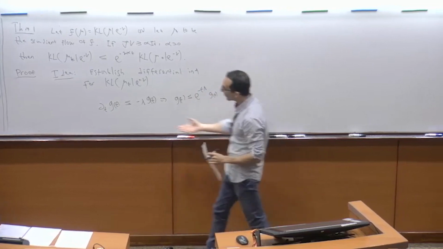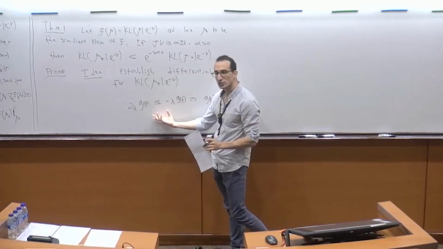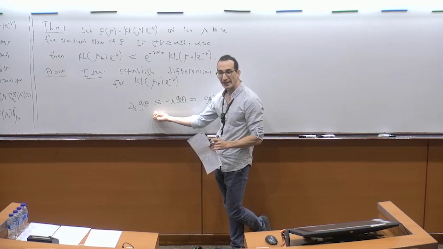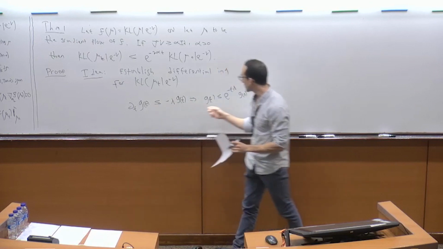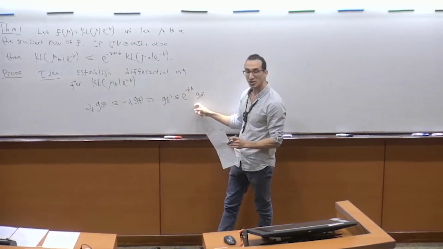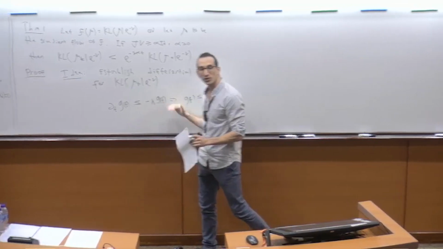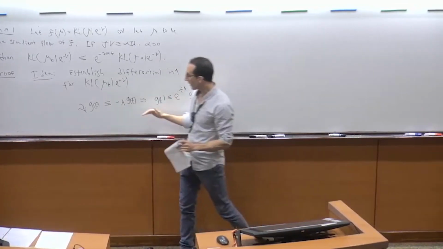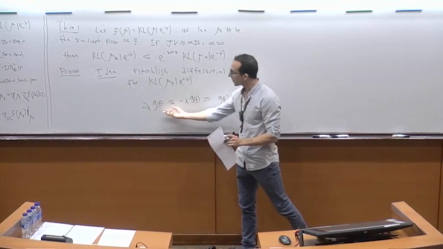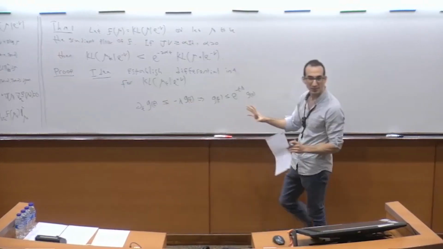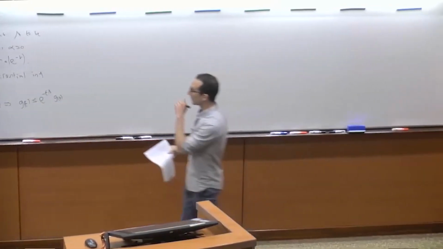The point being that we know how to solve this equation. If this was an actual identity, if this was an ODE, it would be solved by this function here. Because we have an inequality, you can upper bound g of t by the solution to the corresponding identity. I'll use this basic idea over and over.